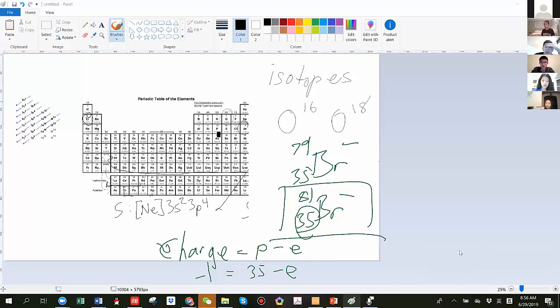So now we've determined that we have 35 protons and 36 electrons. All that's left is to determine the number of neutrons. Does someone want to tell me how many neutrons there are in this bromide ion?